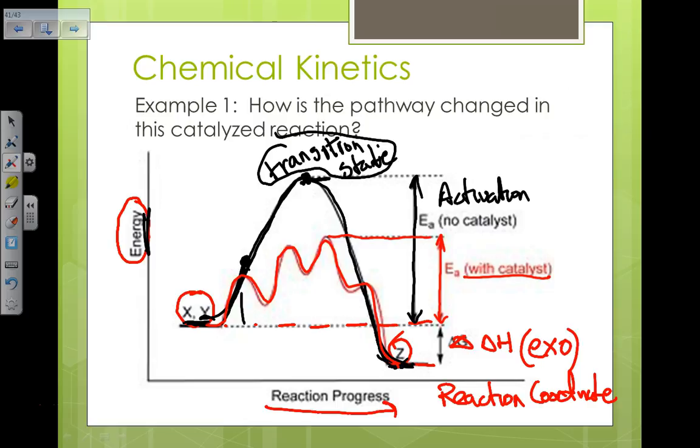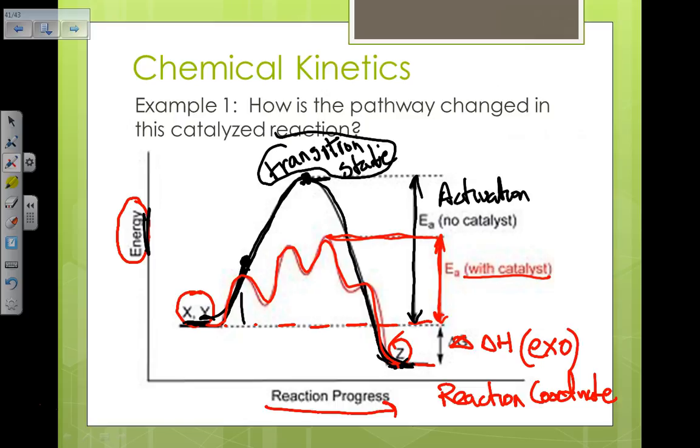The one thing that it does is change the pathway that a reaction takes. It's a shortcut, and because it's a shortcut, it takes less energy for the reaction to move forward.